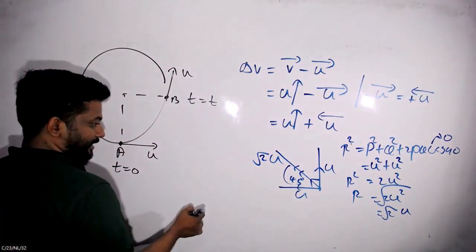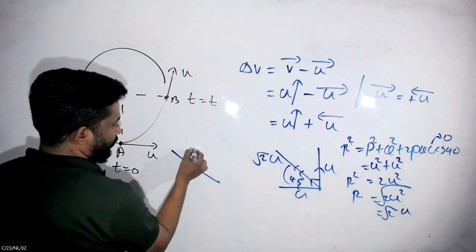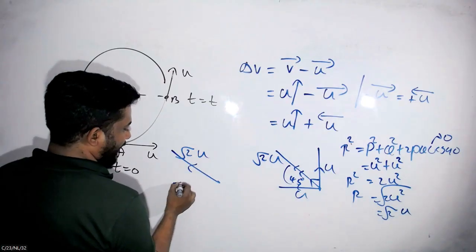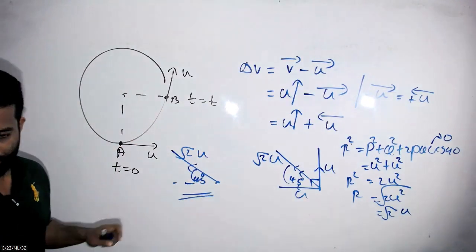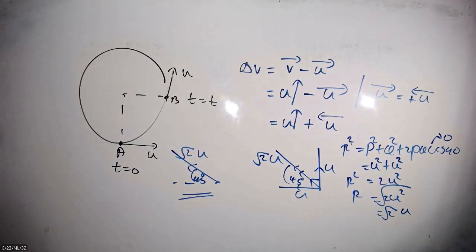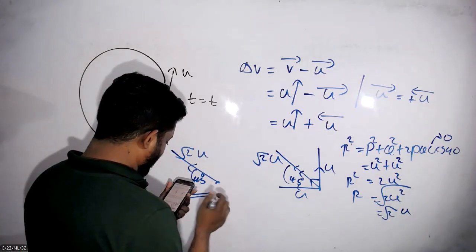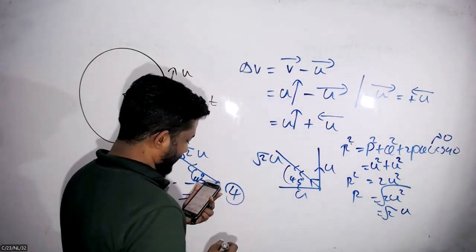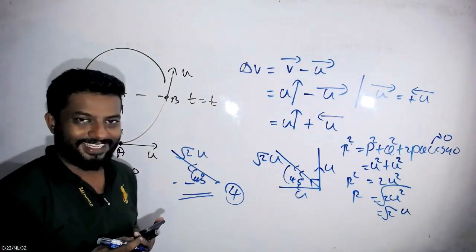Therefore, the answer is that the difference of the velocity is root 2 times U at angle 45 degrees. This one is the answer for the first question, right? Let's see the answer: the fourth one is the answer, root 2U at 45 degrees with the horizontal direction.